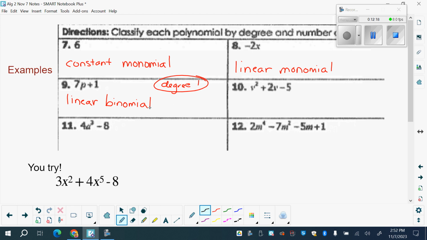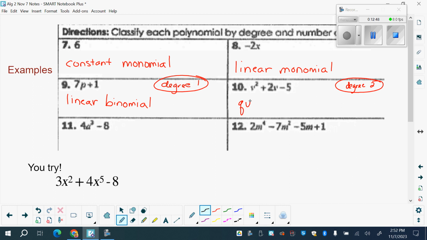So what about number 10? What's the degree on number 10? Highest exponent here? 2. So the degree is 2. So what's that called according to its degree? Quadratic.